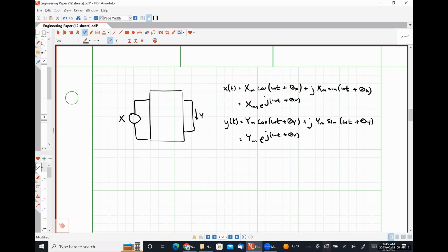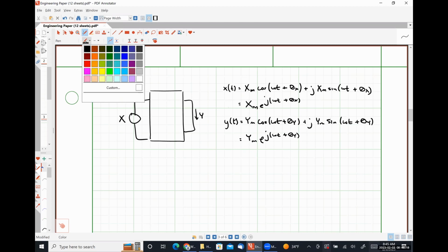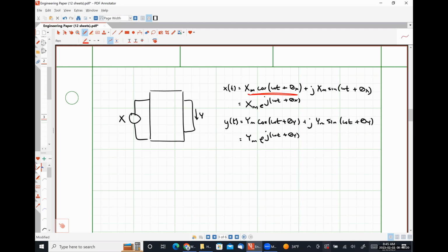Okay. What's really interesting about this, though, and this is why we get to use complex numbers to analyze sinusoidally varying circuits, is that the real part of our input gives us the real part of our output, which is what we're actually interested in, right? So the real part of our complex input is responsible for the real part of our complex output.